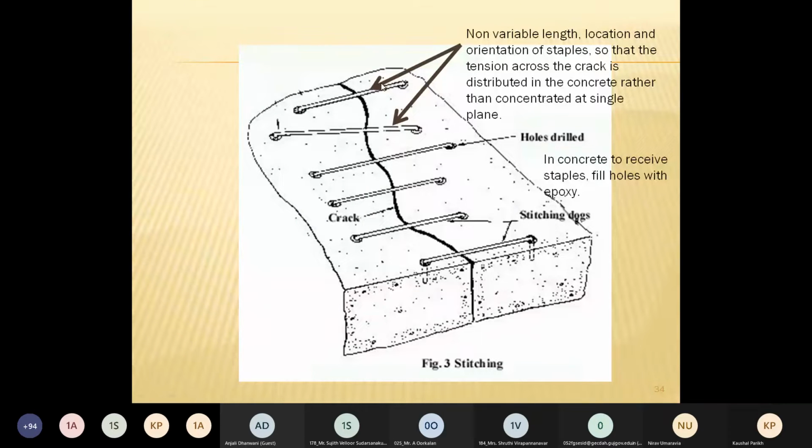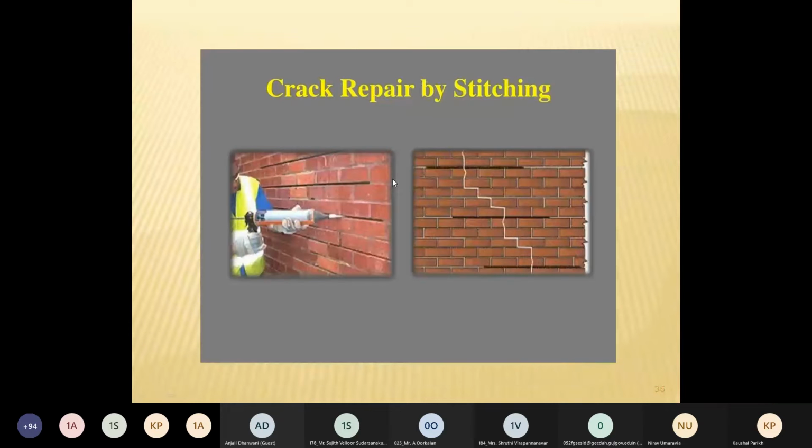It is not necessary that half of the staple is on one side of the crack and half on the other side. You can make changeable lengths, and the stapling is done by drilling the holes from the outside. These holes are lastly filled with epoxy. This procedure is referred to as the stitching process.